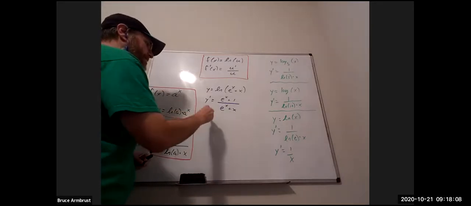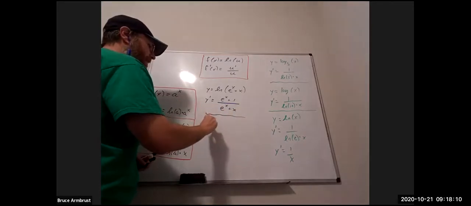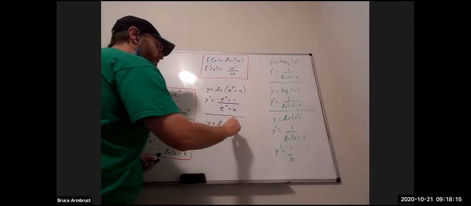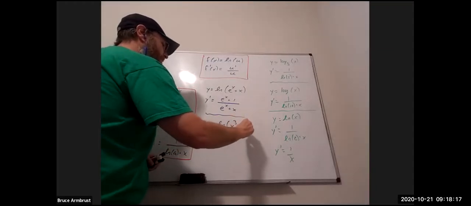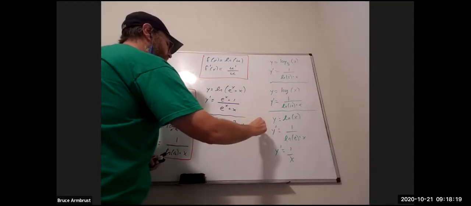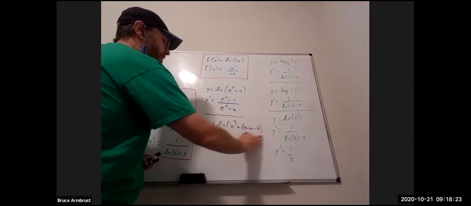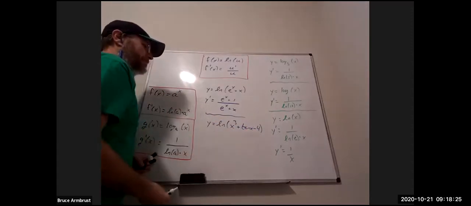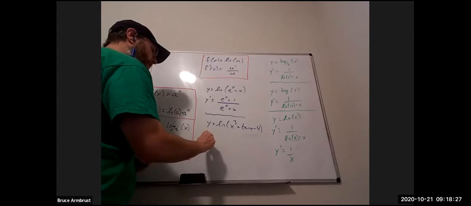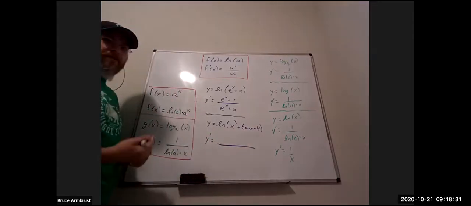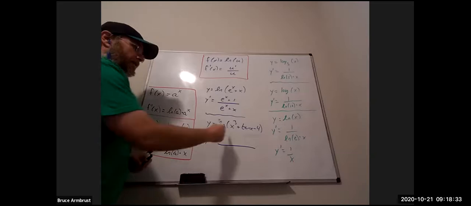And it completely doesn't matter what's inside of that log. We always do it the same. So how about we have x cubed plus tangent of x minus 4 in our natural log. Okay, so we've got natural log of x cubed plus tangent x minus 4. This is how fast and easy it is.